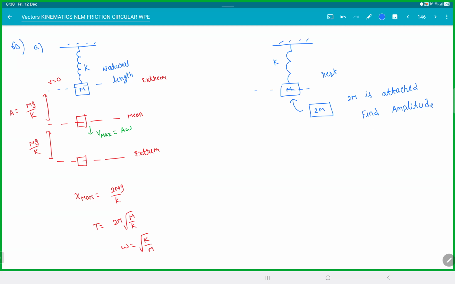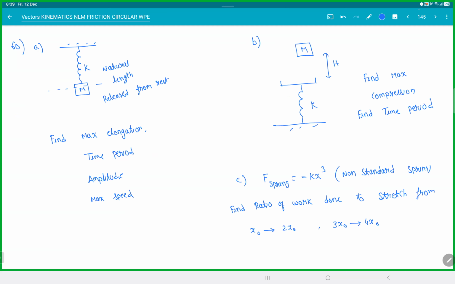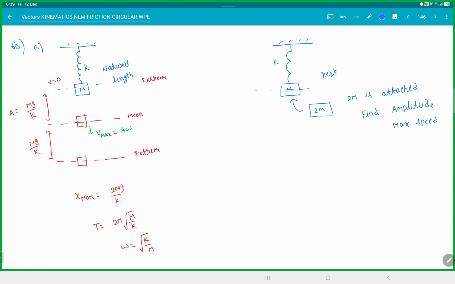Find the amplitude, find maximum speed. I think if you got these two, you get everything else. Max elongation. What else? Time period, that's the easy one. Get this one, I'll give you another minute for this.